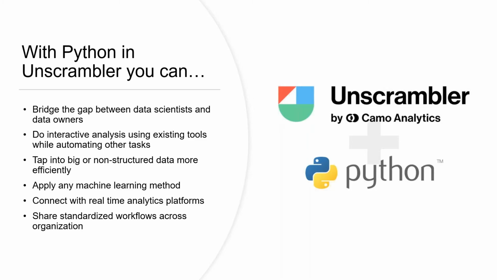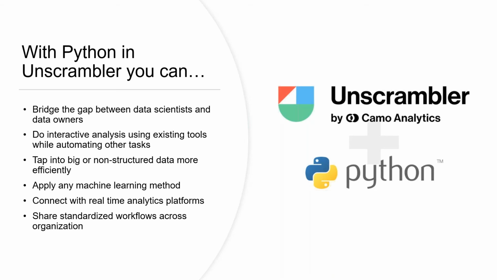It's possible to connect with a real-time analytics platform. For instance, we have scripts for connecting to the historian in Process Pulse. And we also have scripts for running models created in Python; models created in Unscrambler can also be run using our analytics platform.